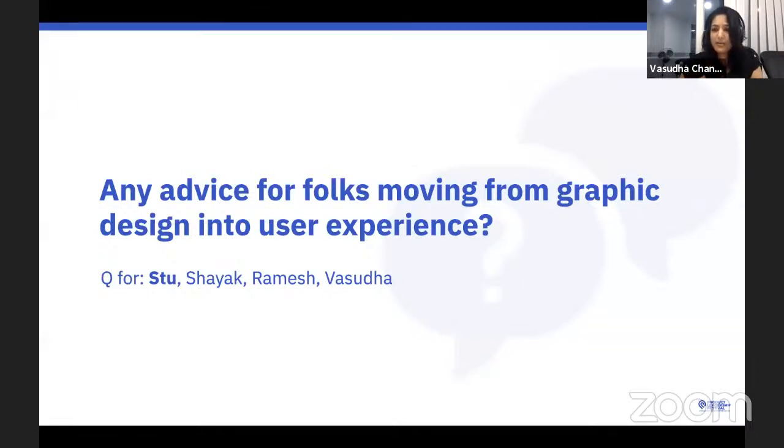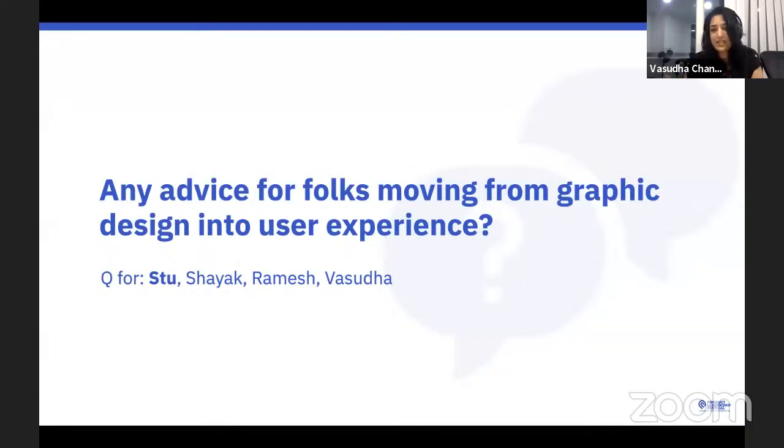You need a little understanding of user research and the core problem space you are solving. When you are doing graphic design, you are doing it for yourself. It could be a poster design or a t-shirt design, something that feels good for you. But when you're doing UX, you are solving a problem for someone else. That someone else could be you, your friend, your colleague, or some ex-user.